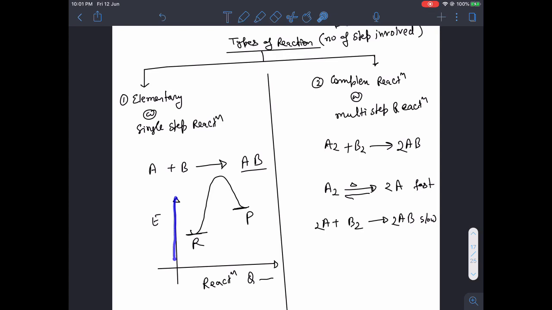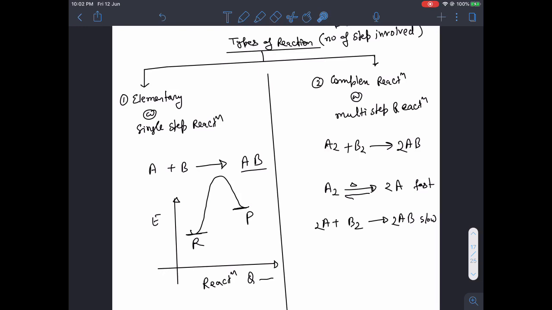Now if you want to know its energy changes during the reaction coordinate, in that particular case you will see that when reactants are coming close to each other, energies are getting higher and higher. There will be a particular point when the old bonds of A and B are about to break, and the new bond for the formation of AB is about to form. From there it will now decrease.